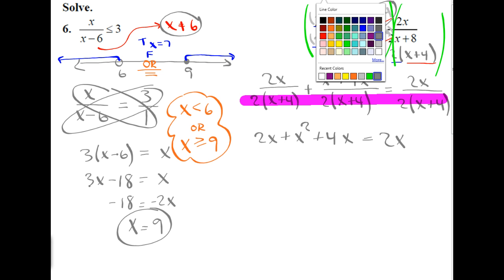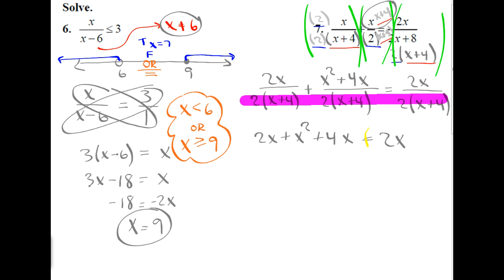And I see that I have, of course, two sides of the equation. And if I have a 2x on each side, I can subtract those from both sides, so those are gone. So what I'm left with is x squared plus 4x equal to 0, which is good because I want to set my quadratics equal to 0.